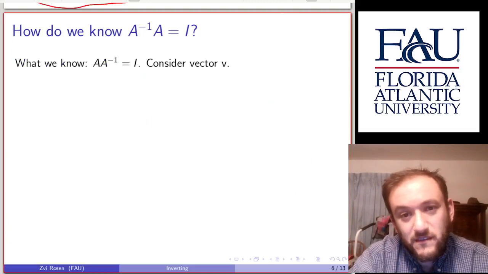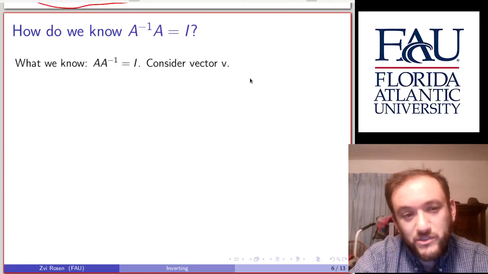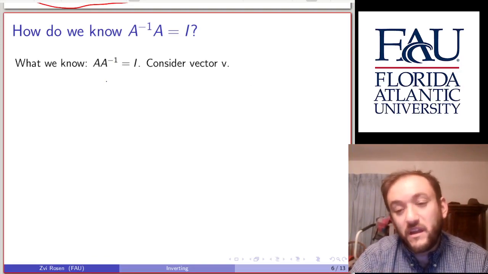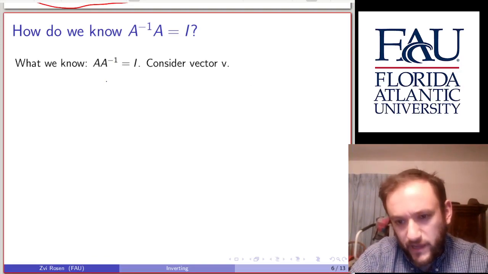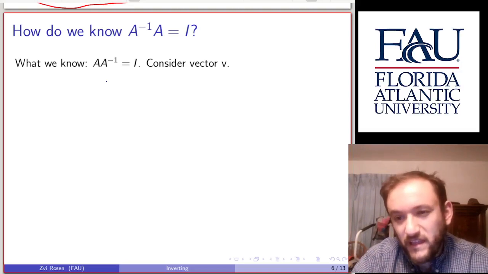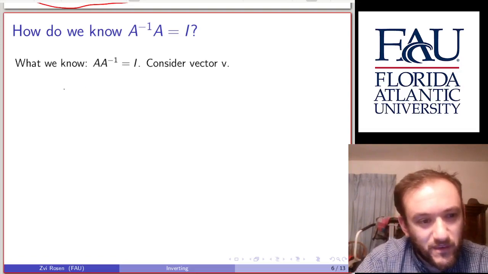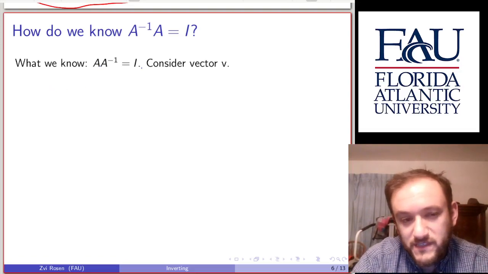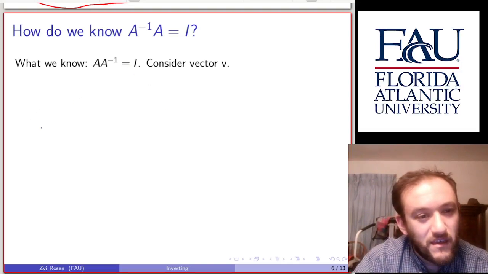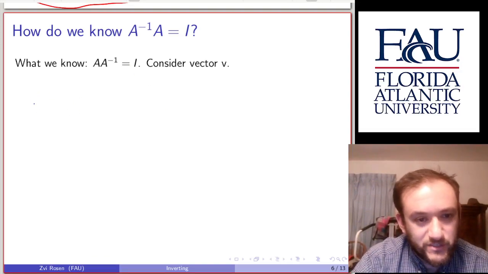Okay, well, we were able to show that this is the A inverse, in that when we multiply it on the right, we get our square identity matrix. But how do we know that when we multiply it on the left, we also get that? Just because A times A inverse is the identity, does that mean necessarily that A inverse times A is the identity? It turns out it does.